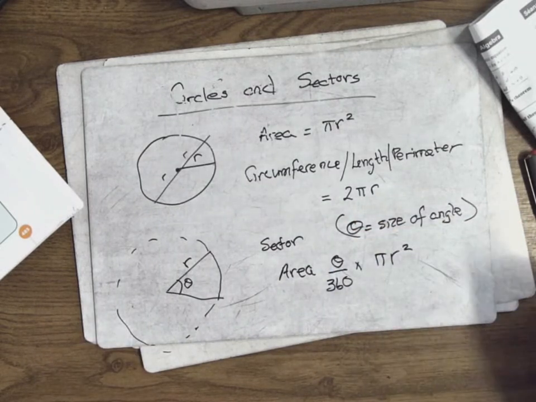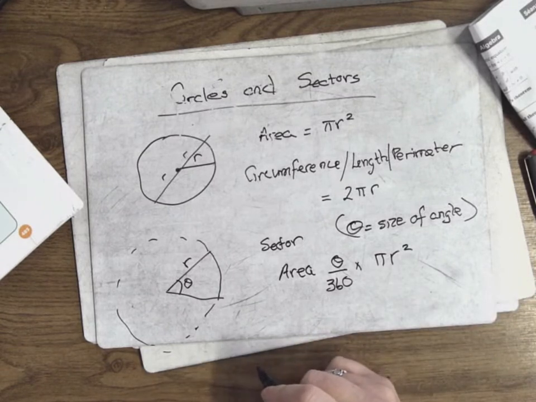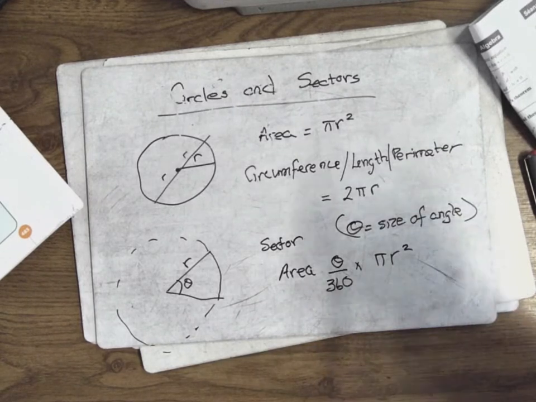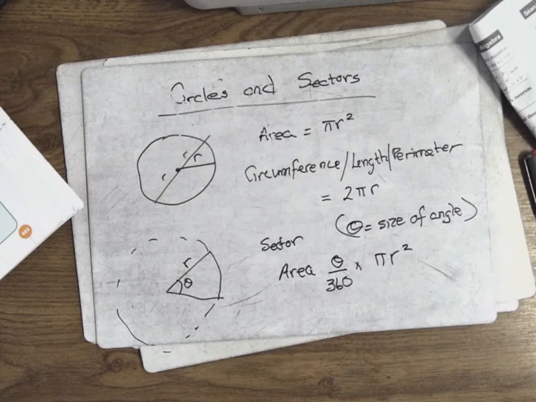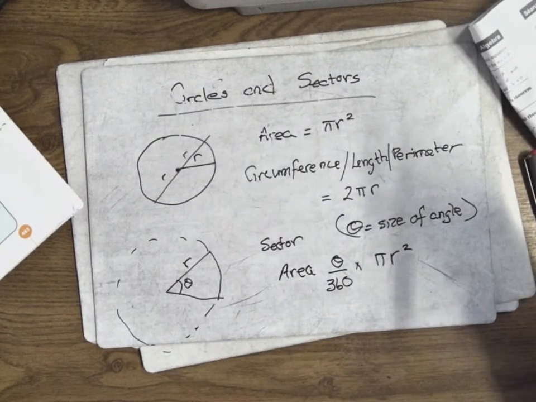And it's in the log tables, that's why I'm using this one, because this is the formula. When you look it up, this is the one you'll get. You'll be given the radius, unless they're trying to trick you, and sometimes they'll try and trick you and give you the diameter, and then you have to divide by 2 before you start.